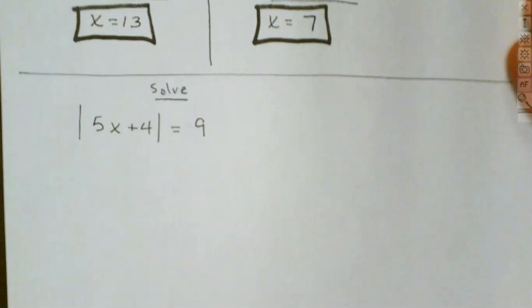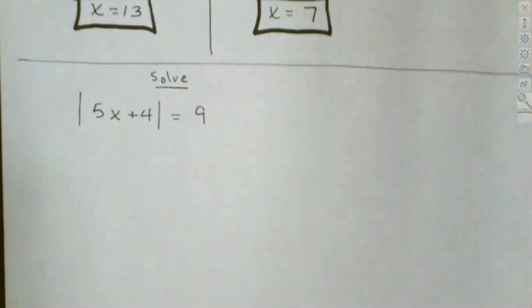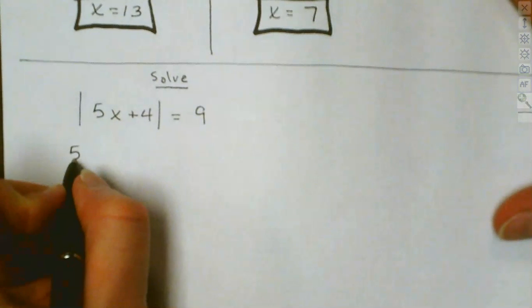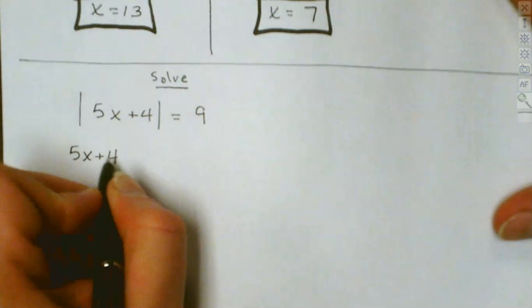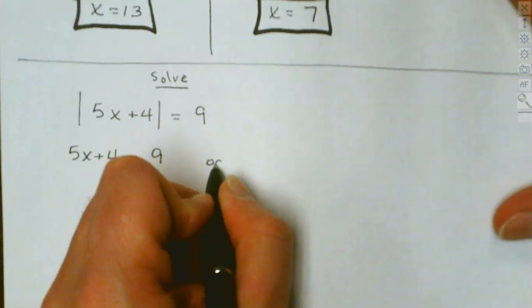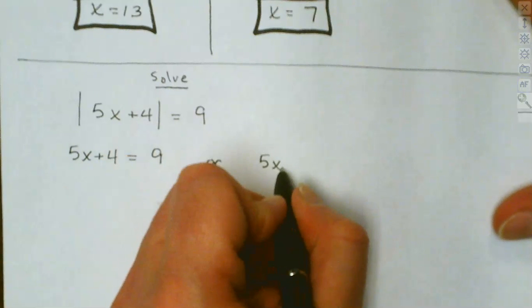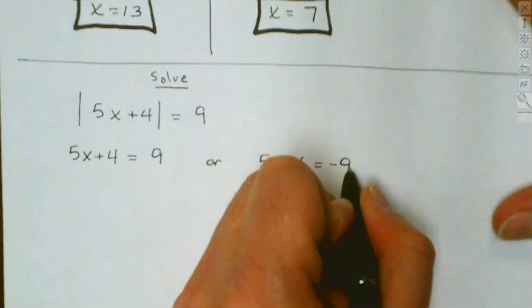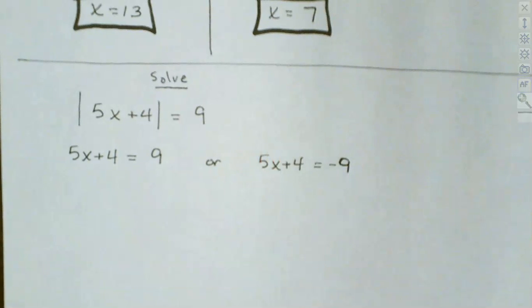Okay, so first thing we need to figure out is the two equations. What are they going to be? Well, they are going to be 5x plus 4 equals 9. The other one is 5x plus 4 equals a negative 9. Make sure that you get both of them.